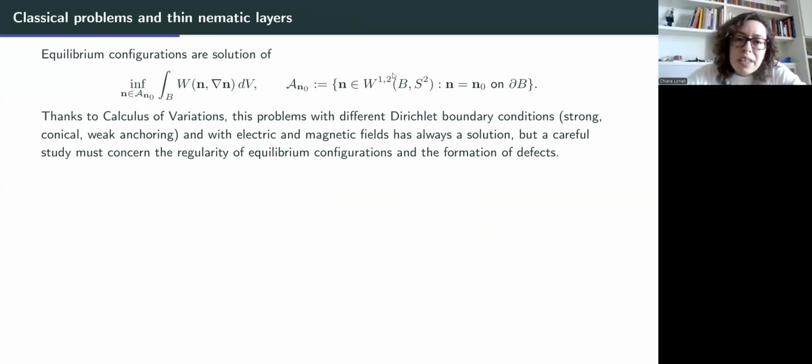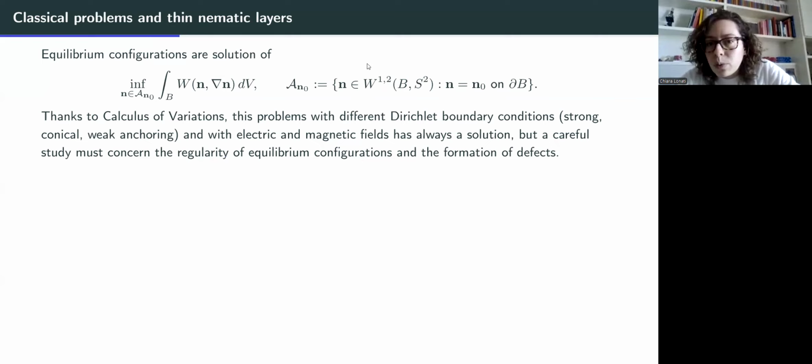Okay, so in the literature there are many results about the Oseen-Frank energy. In particular, one usually wants to find equilibrium configurations for the vector field n on fixed surfaces. So for example, a sphere, a cylinder, a torus. And so one wants to minimize this energy functional on a particular space.